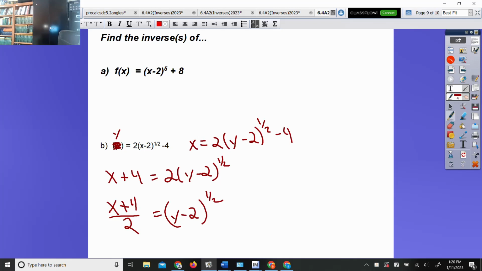What's the reciprocal of a half? 2. Opposite power is always what? Opposite power is always the reciprocal. That's why I asked you what the reciprocal was. If you don't know what to do, when you see a power, reciprocate it.